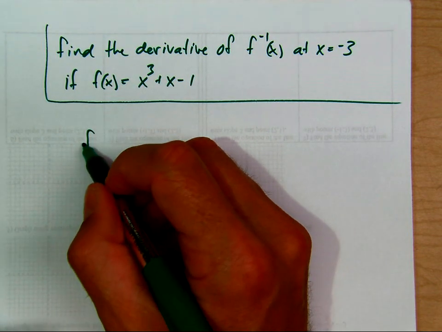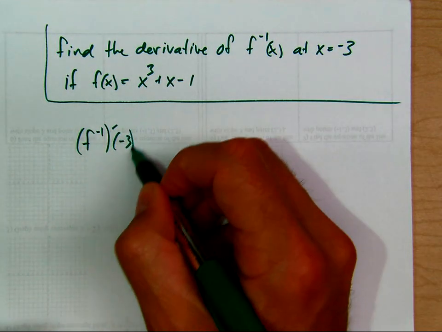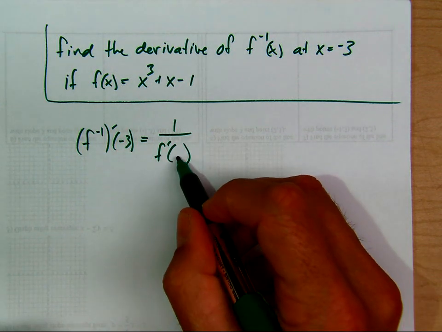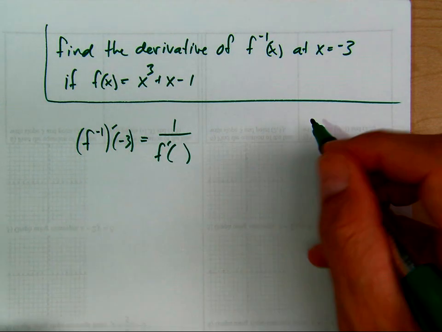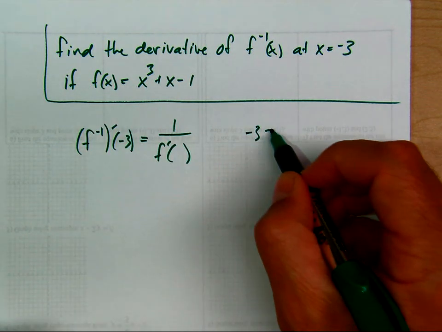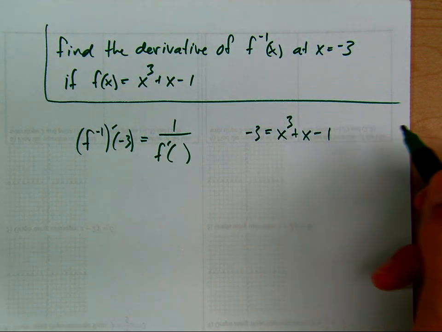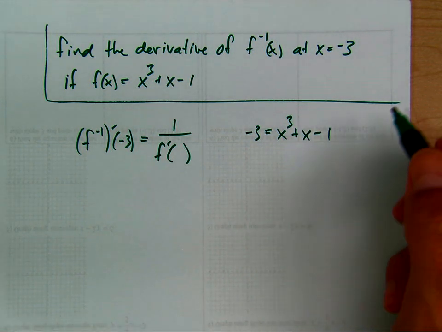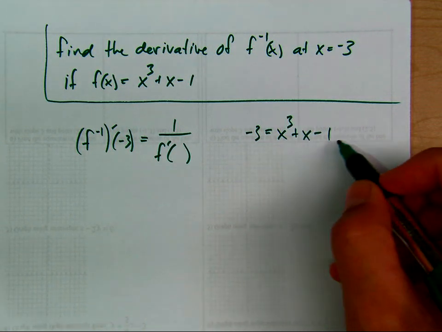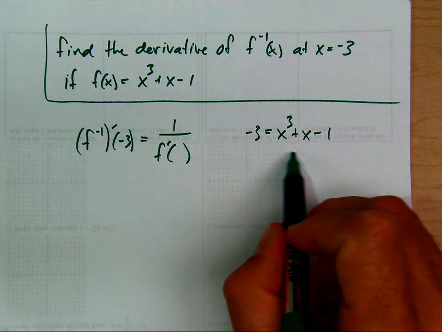Well, we want to find the derivative of the inverse at negative 3. We know that's going to be 1 over the derivative of the function at the x value for this y value. So we say that this is going to be negative 3, and that's equal to x cubed plus x minus 1. Now, usually when these problems are given, this can be solved with just guessing some integer value here.